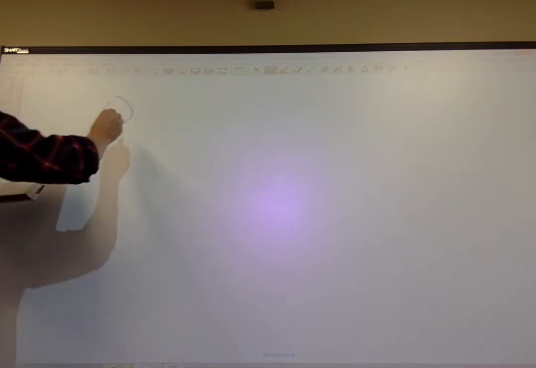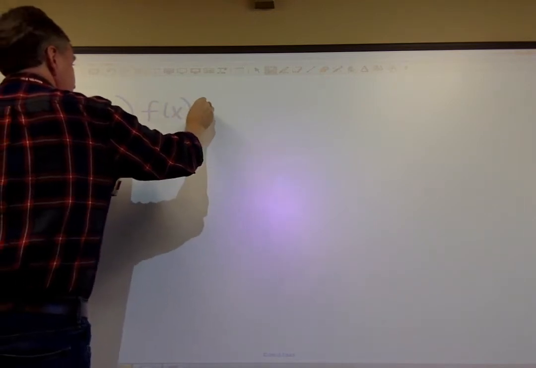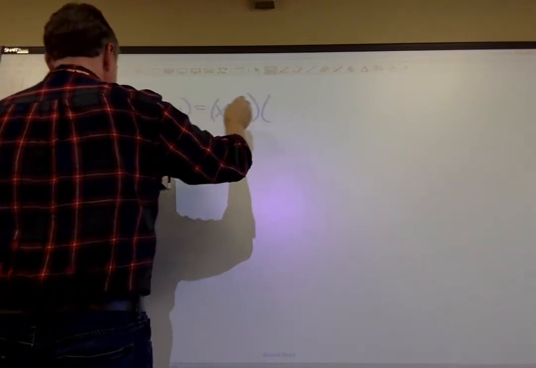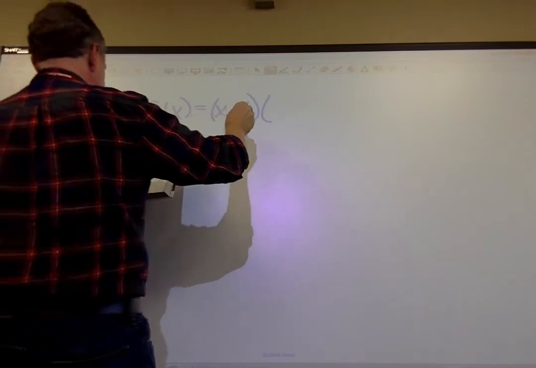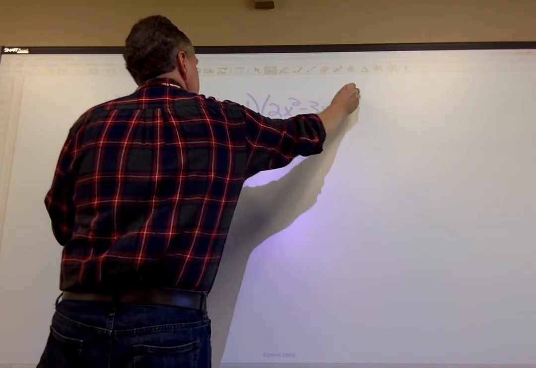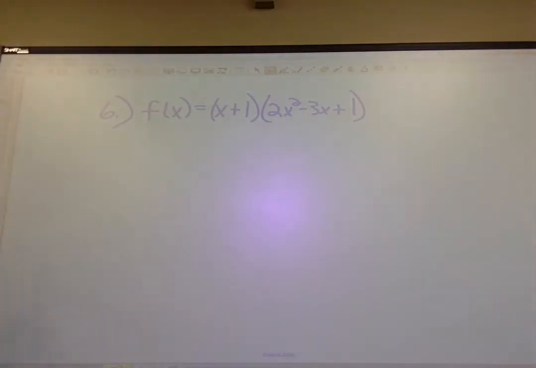Number 6 says f of x is x plus 1 times 2x squared minus 3x plus 1. You notice that is a product of functions, isn't it? Some of you might say, well, why can't I just distribute that out and do it like we did in the last section? You could, but it might be quicker if we know this product rule.